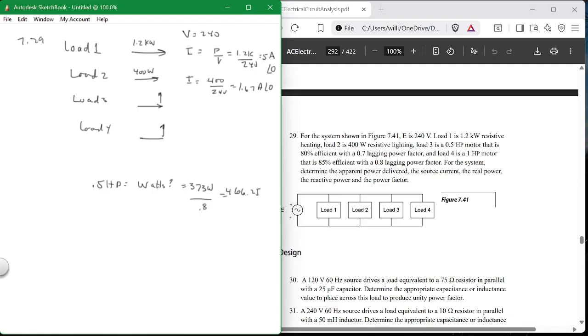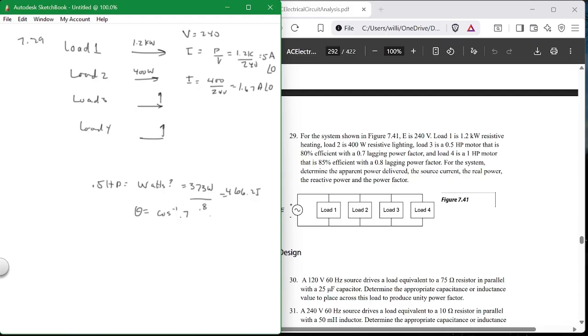Now that's the real. So the angle theta is equal to the cosine minus 1 of 0.7.